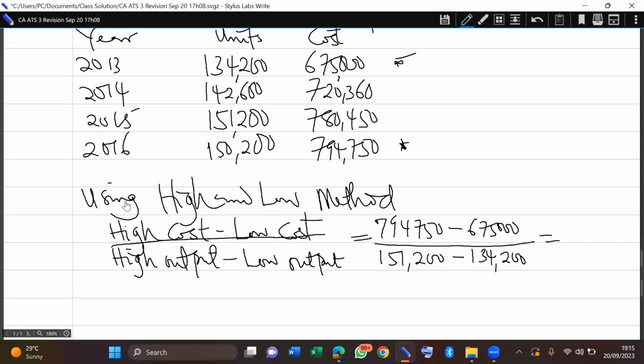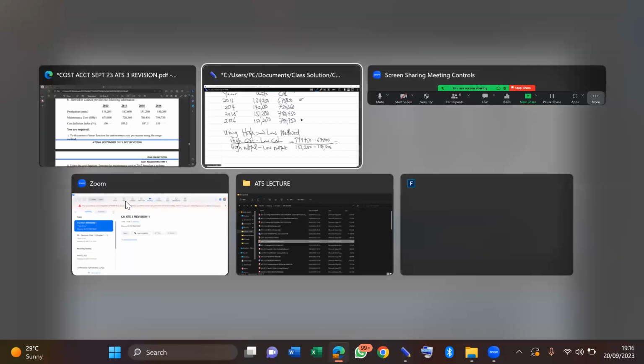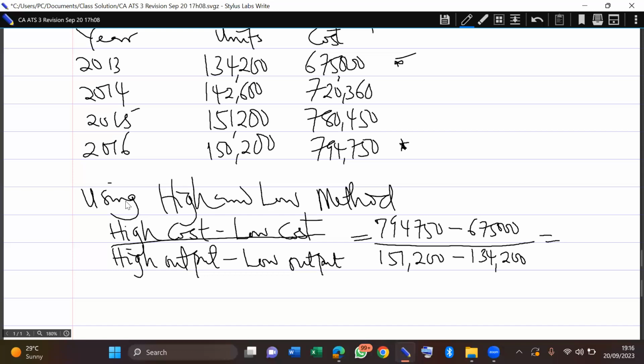Are we sure then that this 794 is correct? Yes, sir. 794,750. All right, find the difference. The numerator is 119,750.